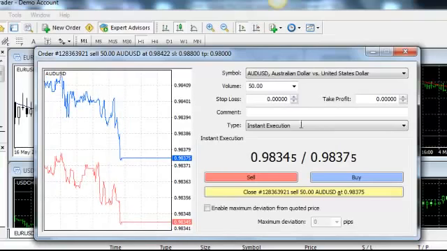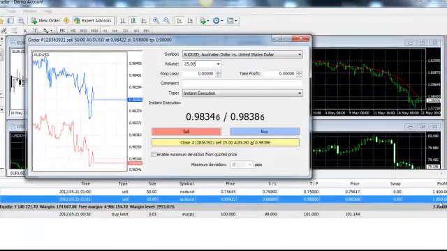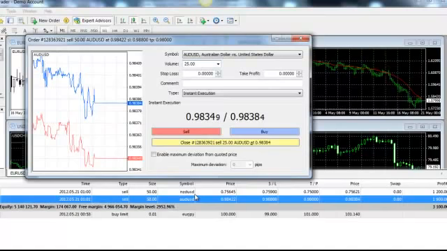All right, so we're going to change this to 25, and if I click close, it will close out 25 of the lots and keep 25 of them active. But here's one thing we want to do too. Right now we have a stop loss at 98.80.